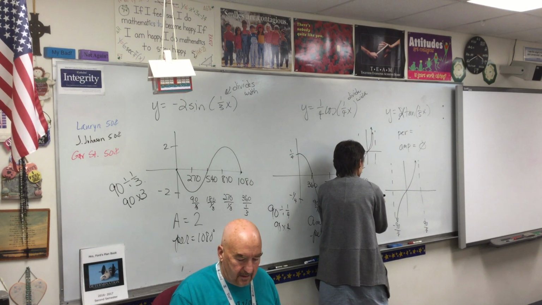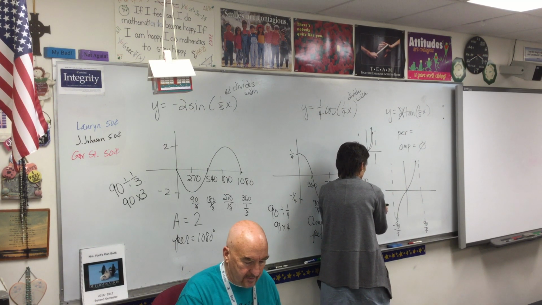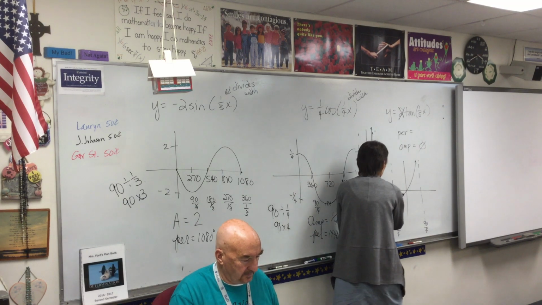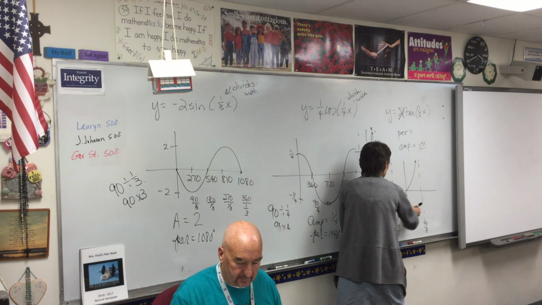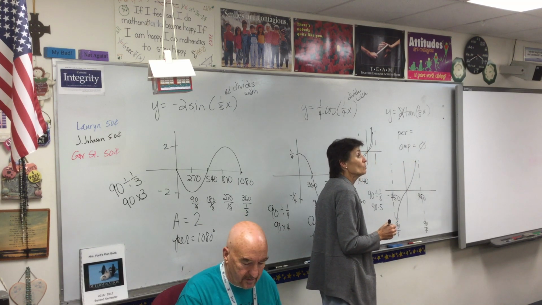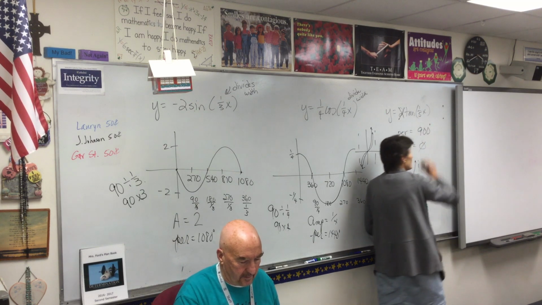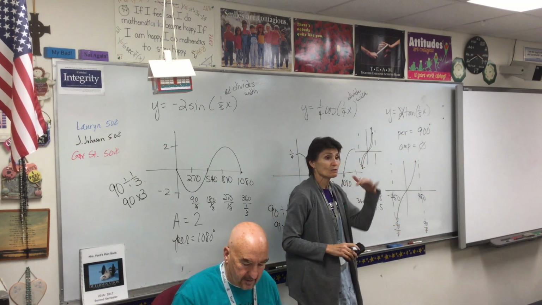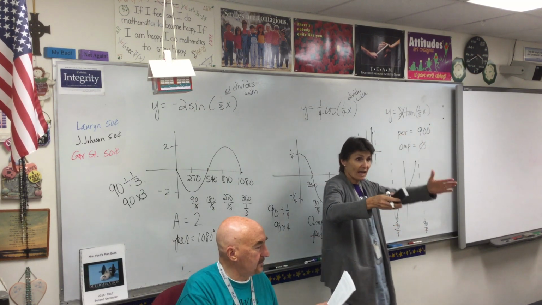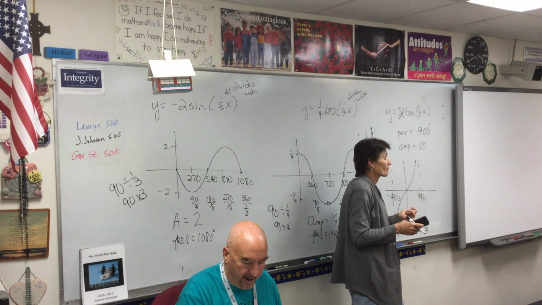So what is 90 divided by a 5th? 90 times 5, which is negative 450 to positive 450, which means your period is 900, because period goes from start to end, asymptote to asymptote, on a tangent.